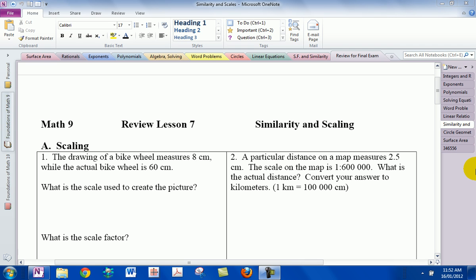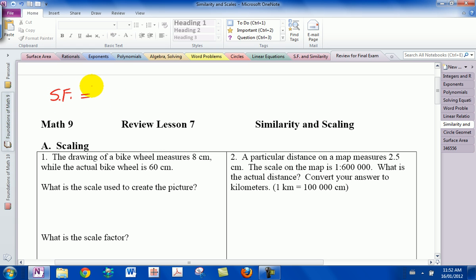Okay, so similarity and scaling. Remember with our scales, our scale factors, usually those were fractions. And we divide the new over the original, or the actual over, so the drawing over the actual.